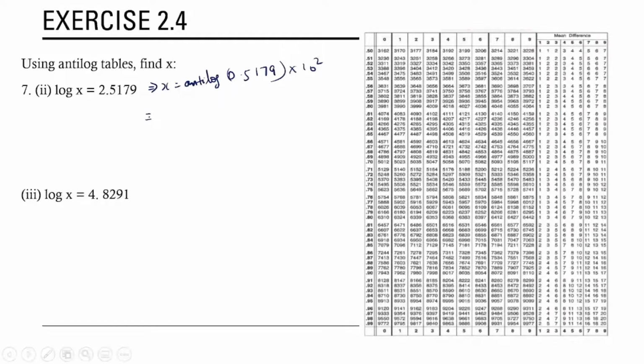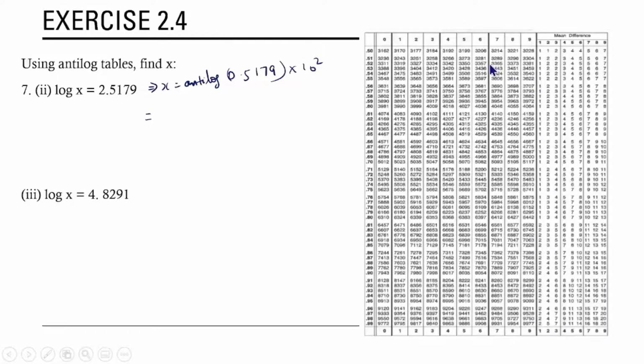Now we look into row 0.51 and column 7. The corresponding value is 3289. Then we add the mean difference corresponding to the next digit, which is 9, in the same row.